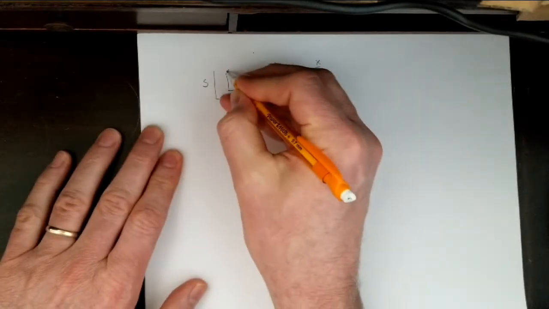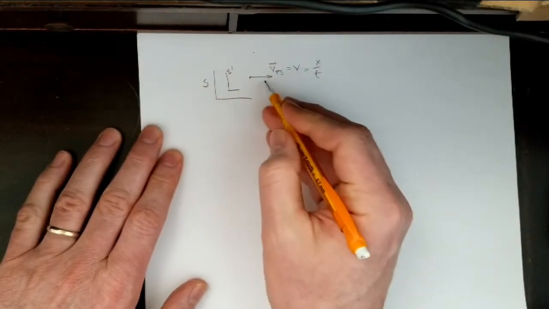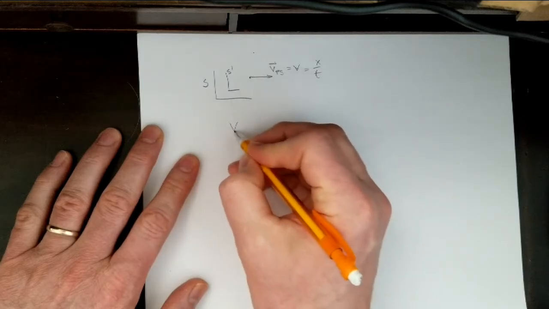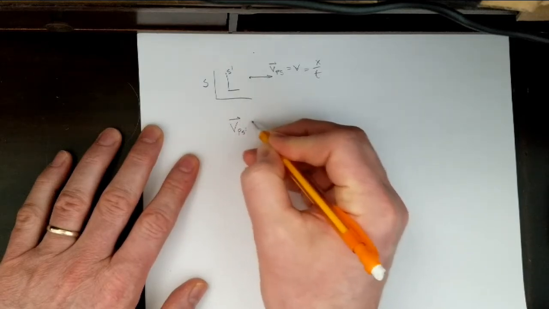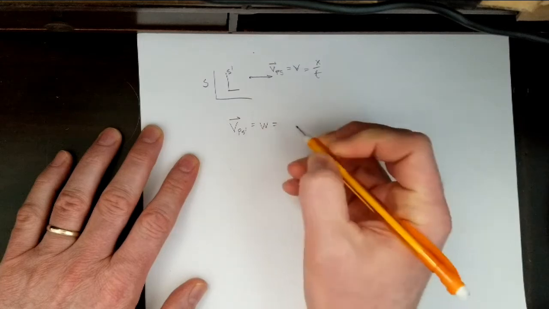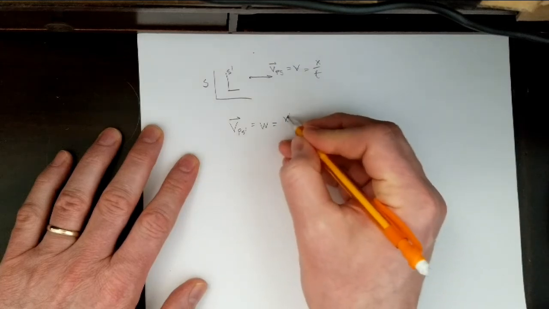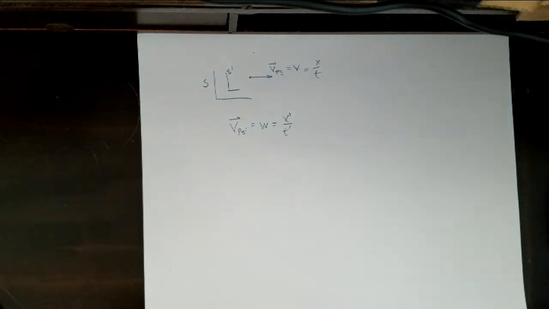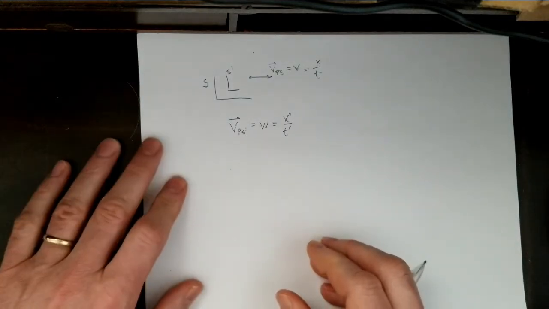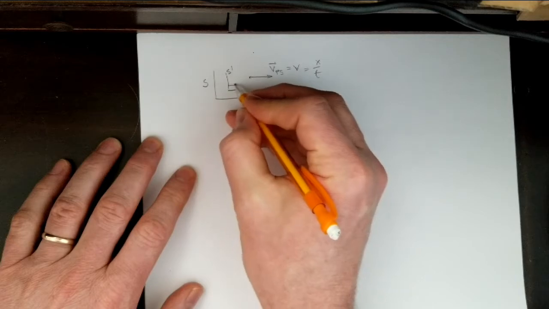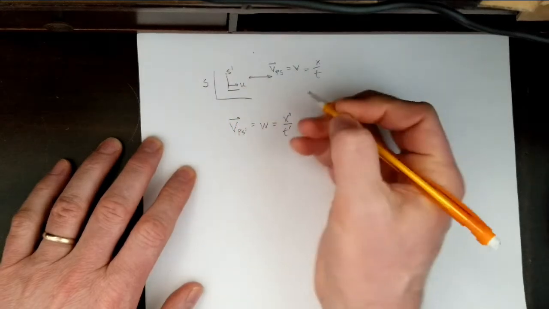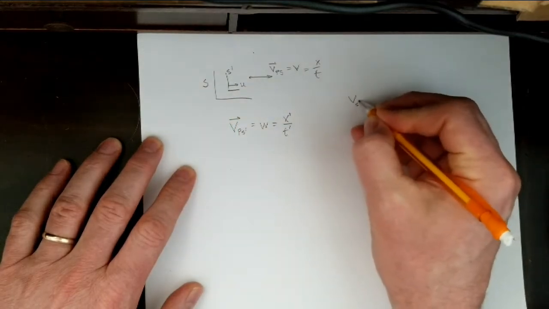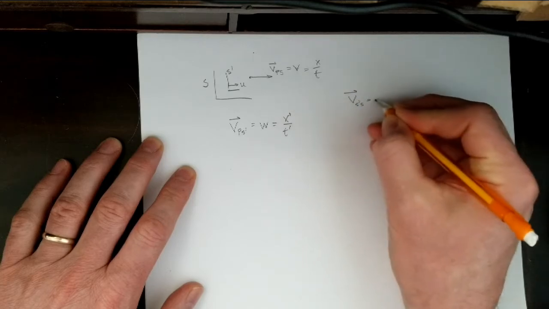I have a different frame, the S prime frame, that's looking at this, and the velocity of the particle with respect to S prime we're going to say is w, and that's equal to x prime over t prime, because there are different reference frames. And the S prime frame is moving at some speed u, so the velocity of S prime with respect to S is u.